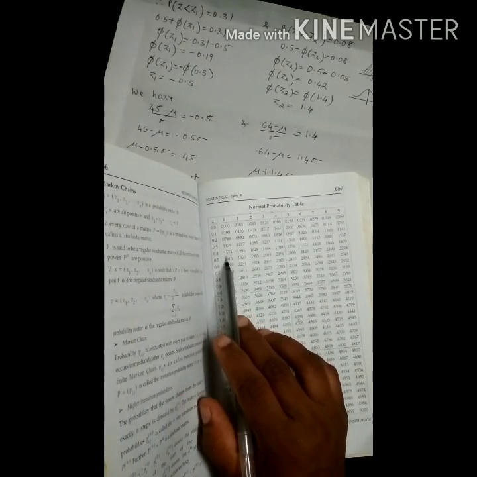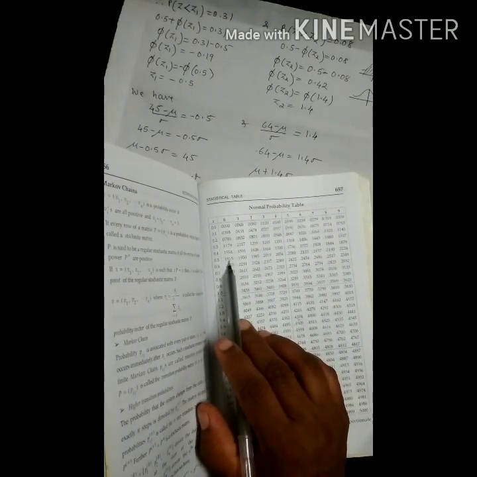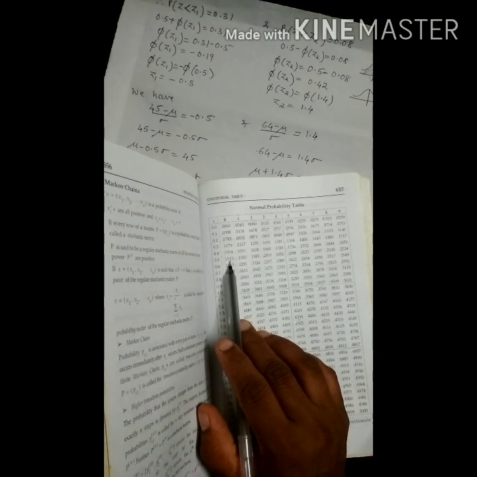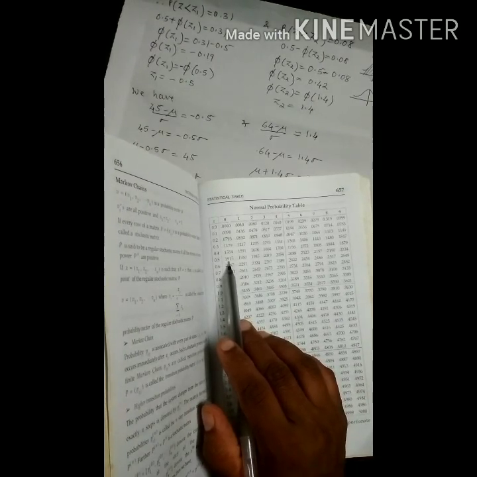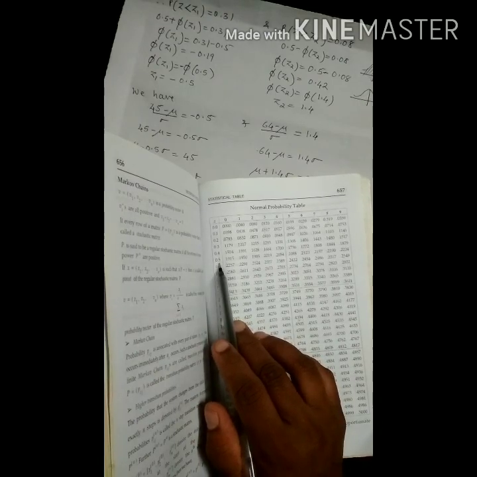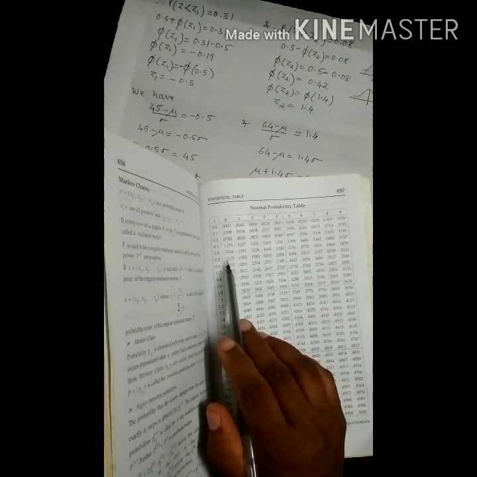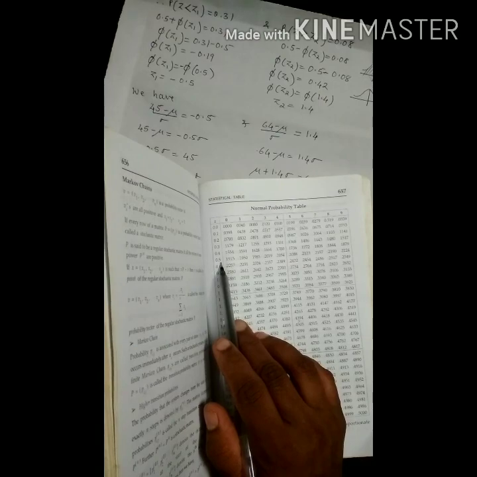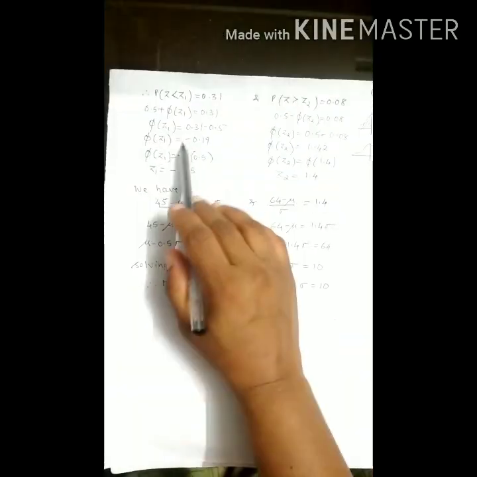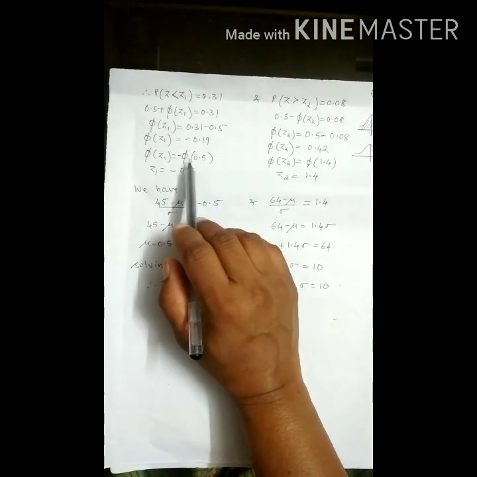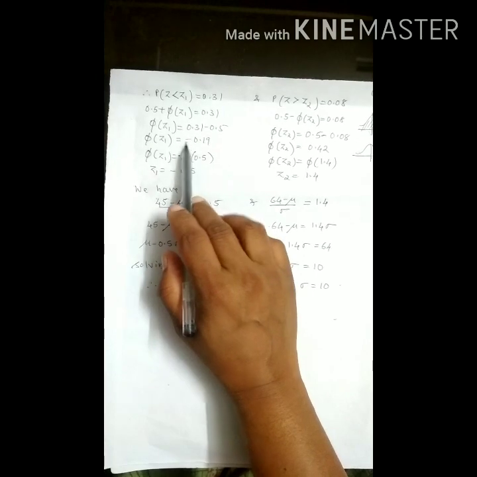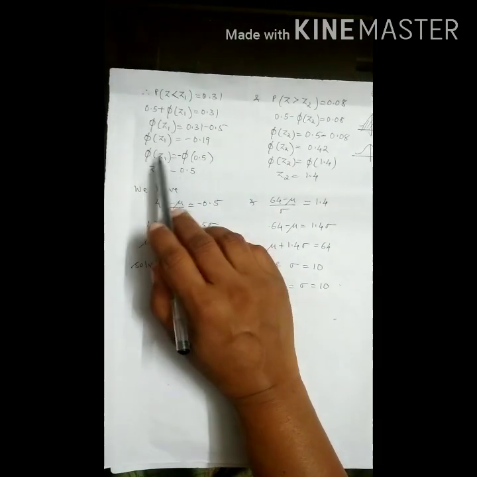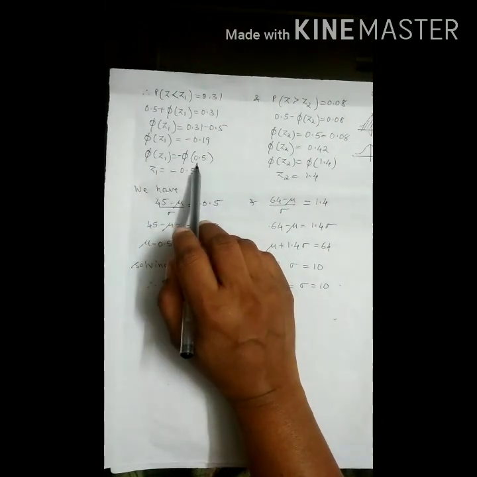Here 0.11 is there, 0.15, and 0.19 is over here. So 0.1915 corresponds to 0.5. For 0.19 the corresponding value is 0.5. Keep the minus sign aside and write phi of 0.5 as 0.19, with the negative sign as it is. So Z1 is equal to minus 0.5.